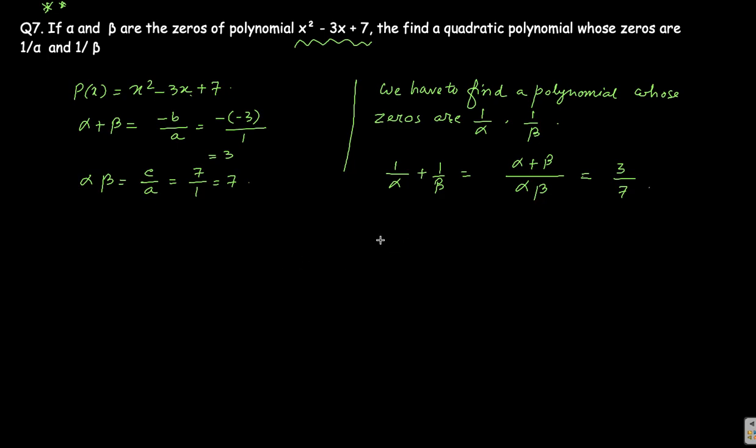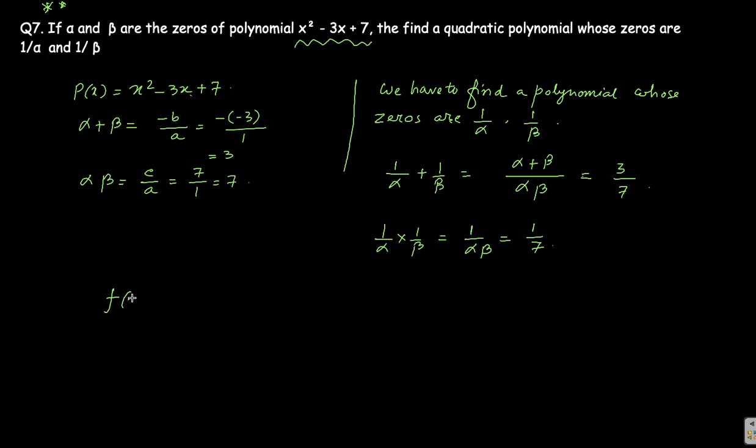Now this is the sum of the zeros. The product of the zeros is 1 by alpha into 1 by beta, that is 1 by alpha beta. Alpha beta is 7, so 1 by 7. Now we have the sum of the zeros and the product of the zeros.